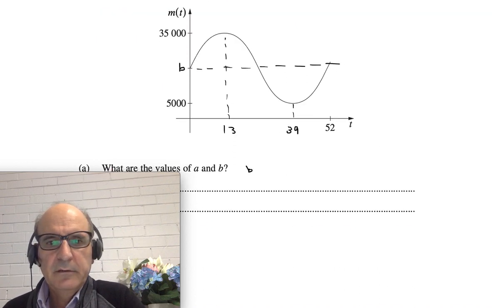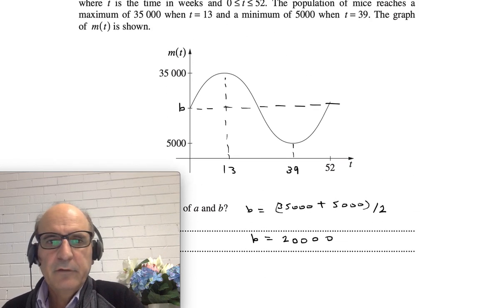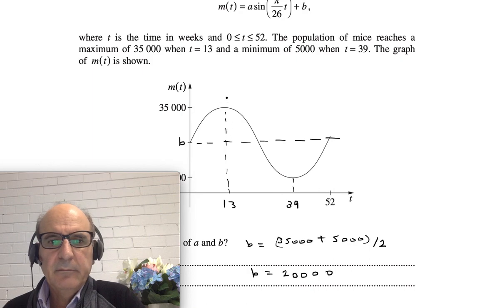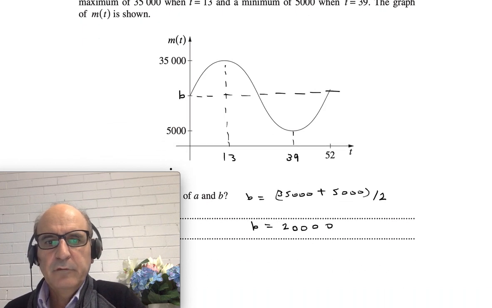Then B is equal to 35,000 plus 5,000 all divided by 2, which gives us 20,000. That's the value of B. And the value of A is the amplitude. So basically, how much is from B to 35,000 and how much is from B to 5,000.